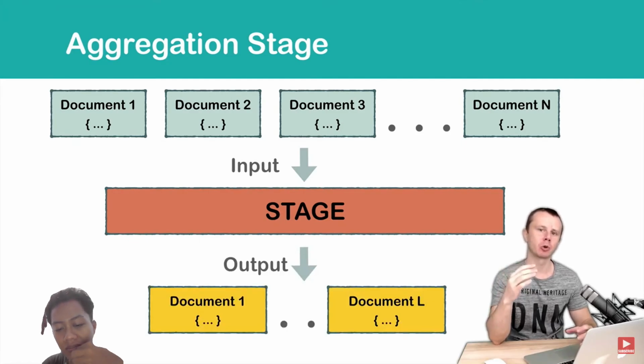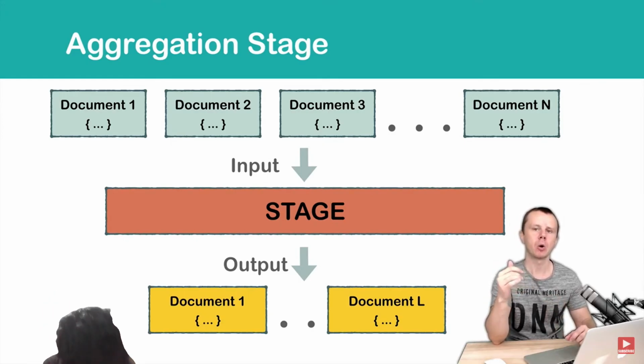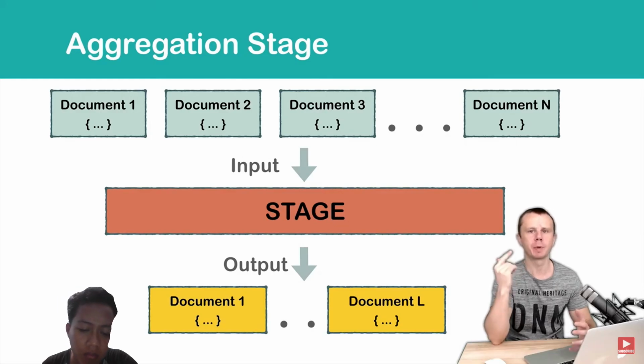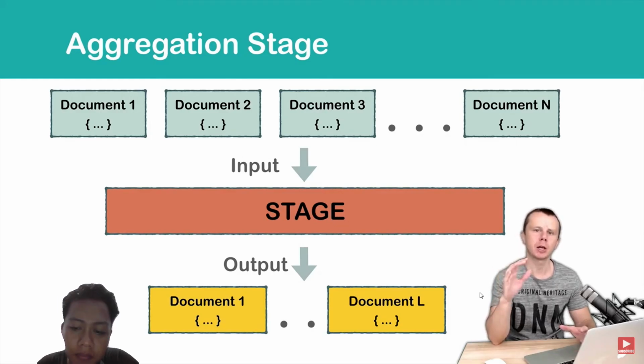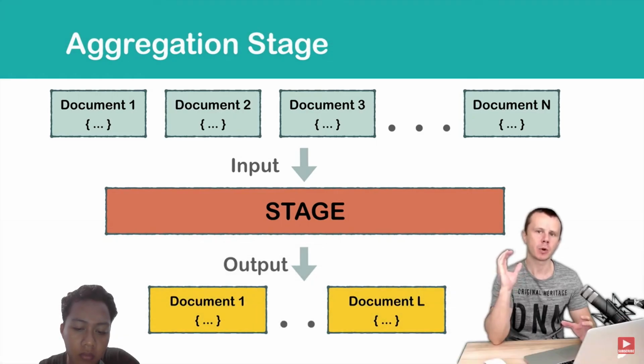This can be the same documents, for example, reordered or limited to a certain number, or it can be brand new documents, when we use, for example, the group stage.